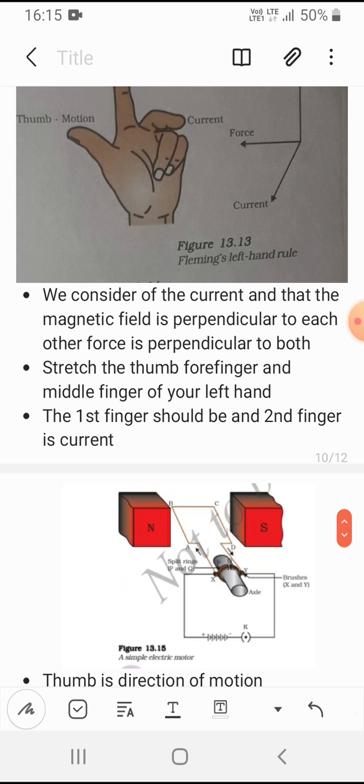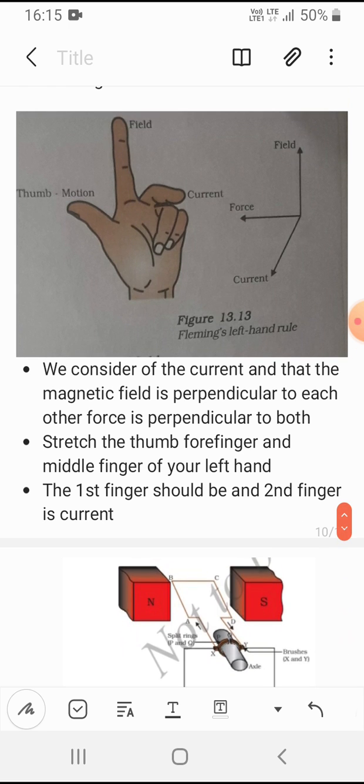On AB the current is flowing, and the motion is happening here, you can see. So by this we can say it depends on Fleming's left hand rule.